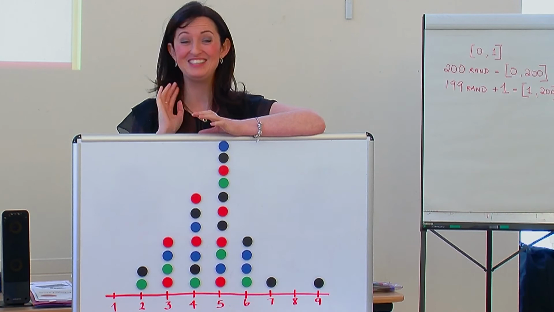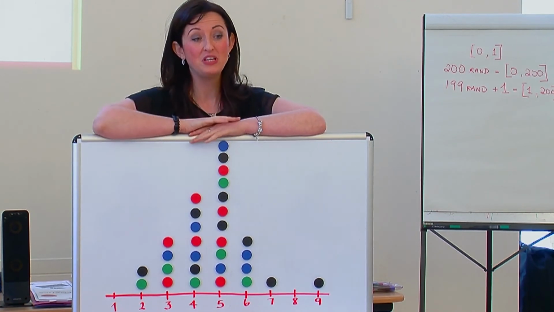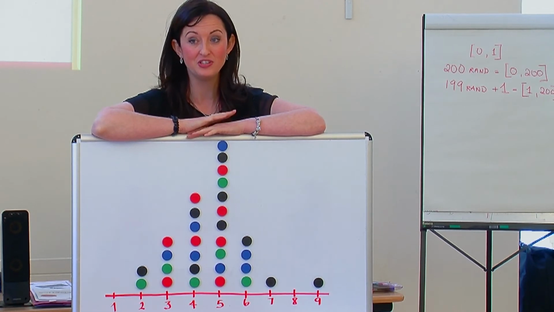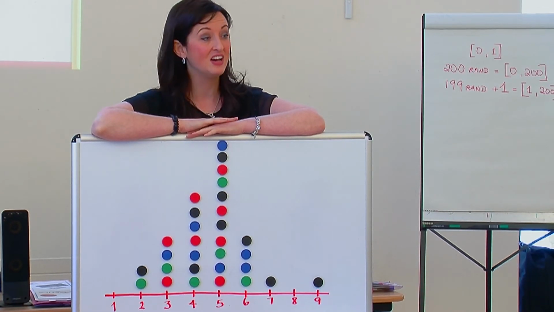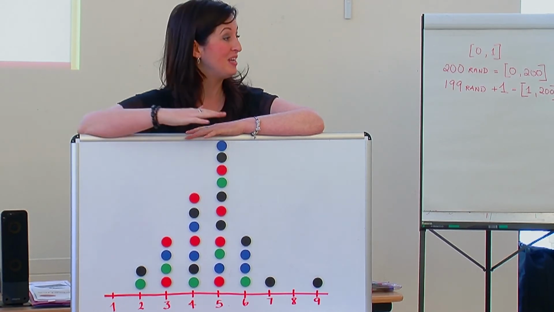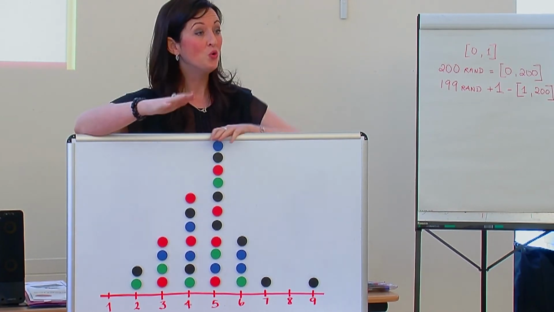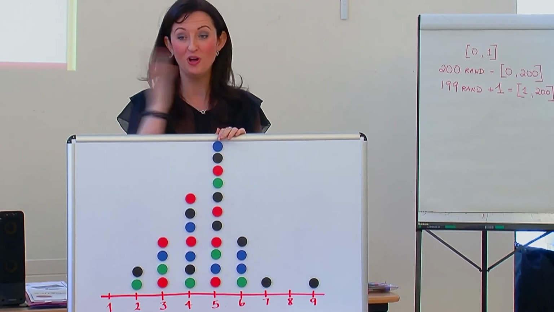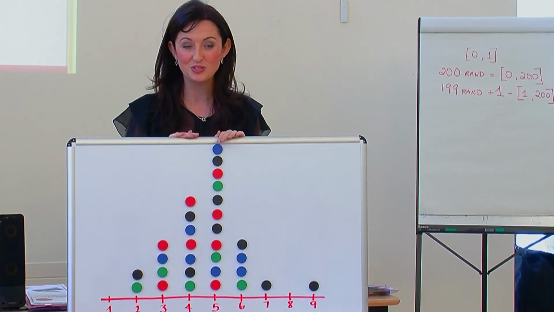Mine's different. Exactly. And that brings up such an important concept that underlies statistics, that there will be sample variation. We need to explain to them that no two samples will necessarily be the same because you've all taken random numbers.